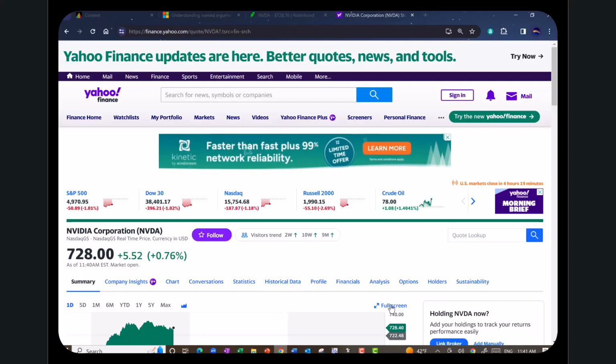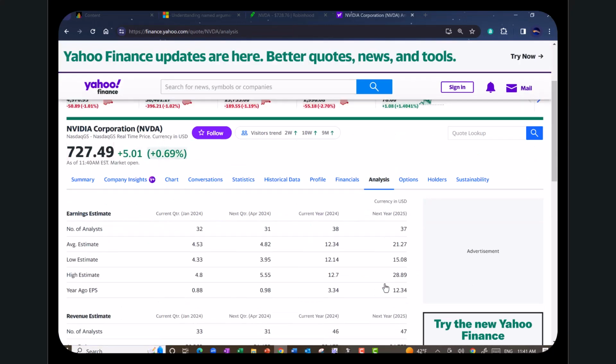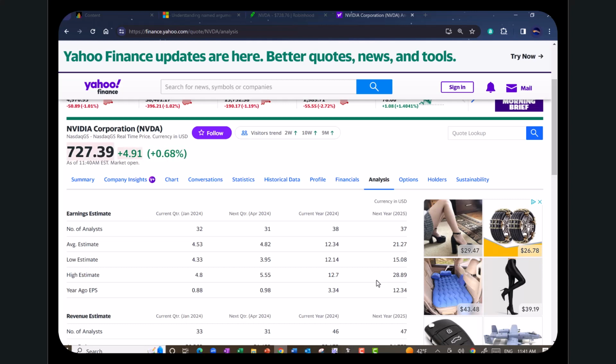In finance.yahoo.com, there's a little tab called analysis. It basically has a summary information about what analysts think about this firm. There are 38 analysts that make a prediction of how much NVIDIA is going to make per share this year. The average is 12.34.